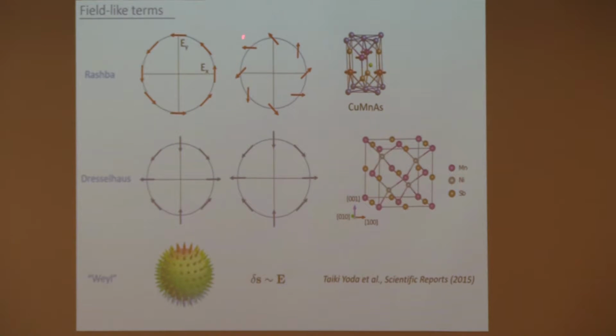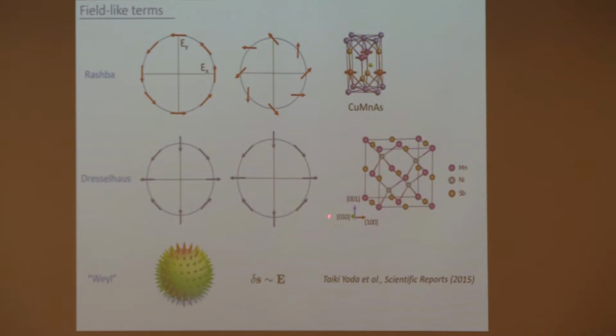We can also define what we call a generalized Rashba, where if we rotate the electrical field, the effective field will rotate with the electrical field, but doesn't have to be perpendicular. And then there's also the Dresselhaus contribution, where if you rotate the electrical field, the effective magnetic field rotates in the opposite direction.